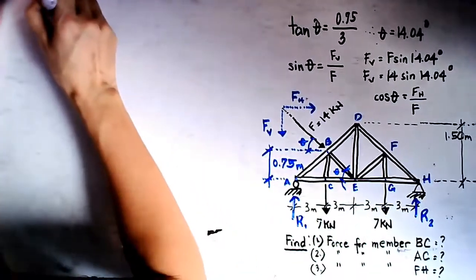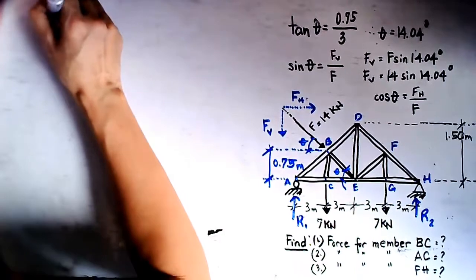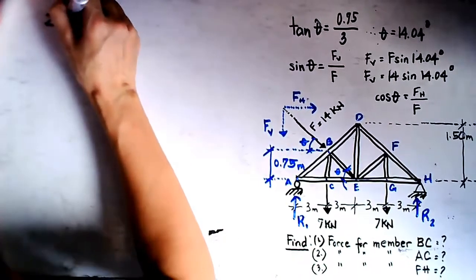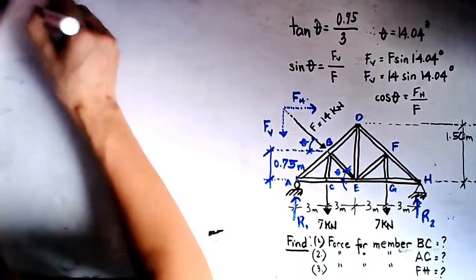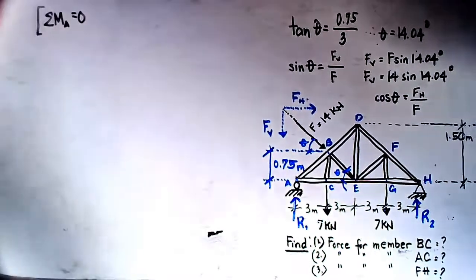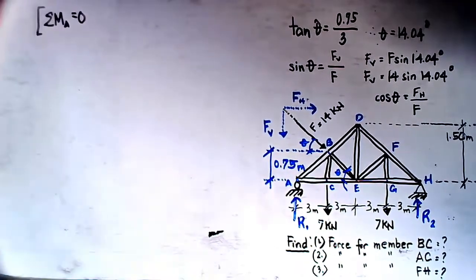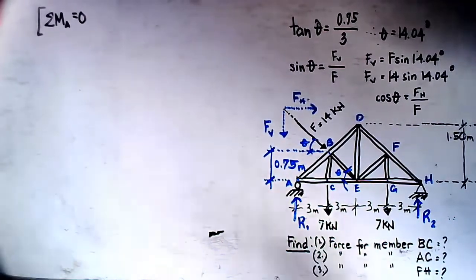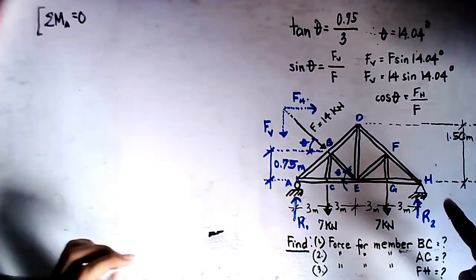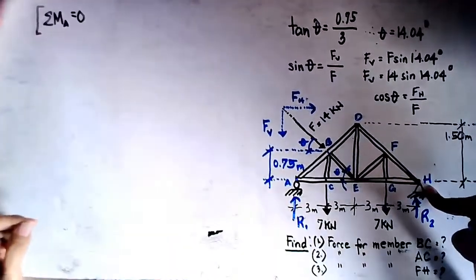If we take summation of moment at point A equal to 0, then we will be able to determine the reaction R sub 2.